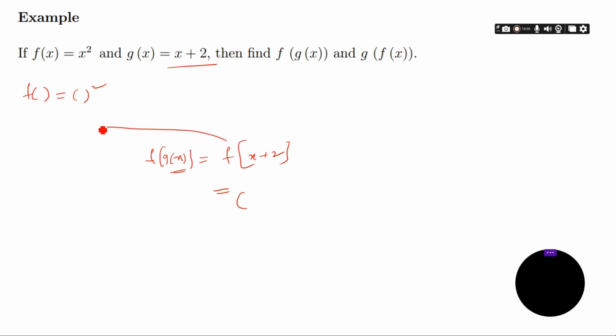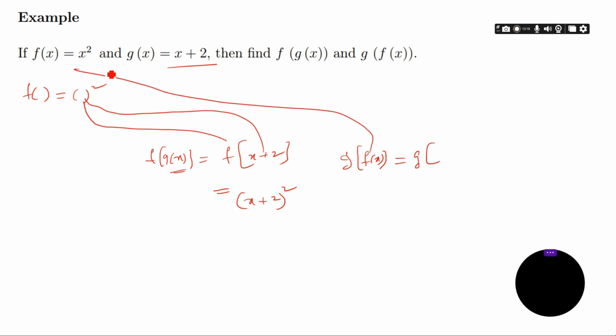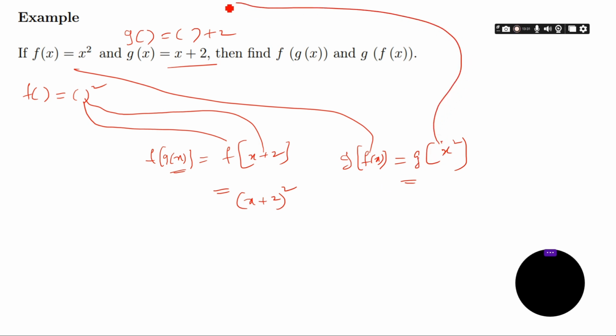So this is f, so the inside will go here, x plus 2 squared. For g of f of x, g of f of x, f of x is x squared directly. Now for g we need to write x as open bracket plus 2, x we have to keep empty, but here g of this, here it is x squared. Like this we have to solve inshallah.